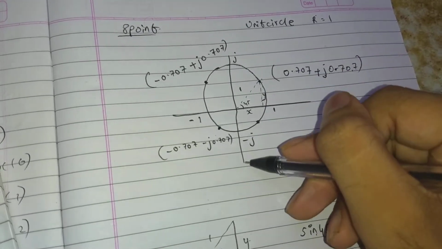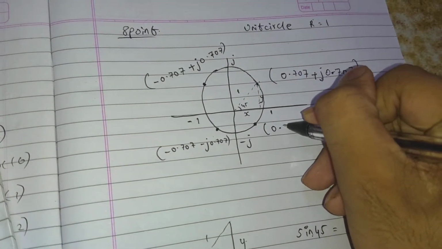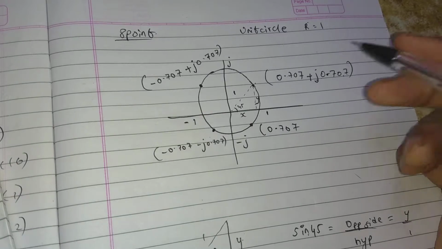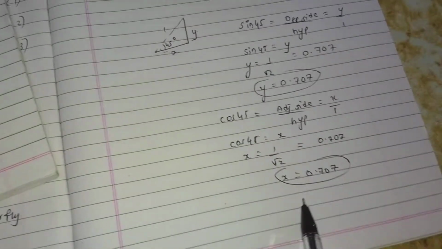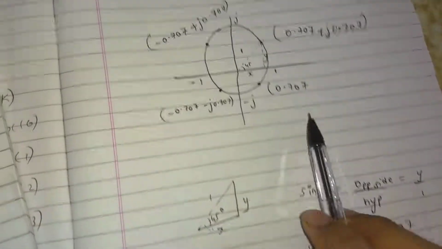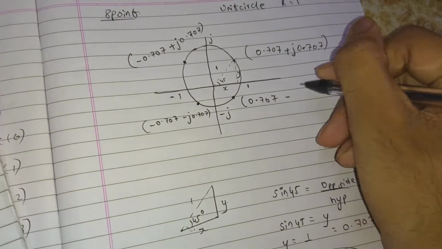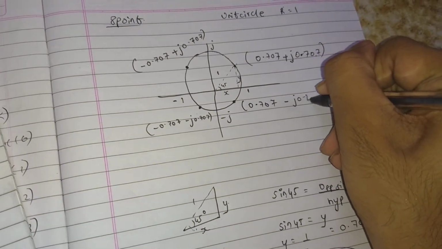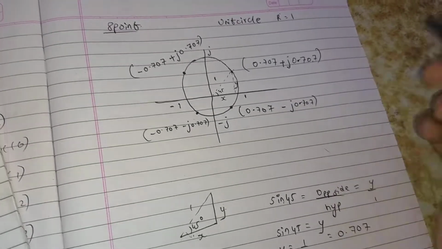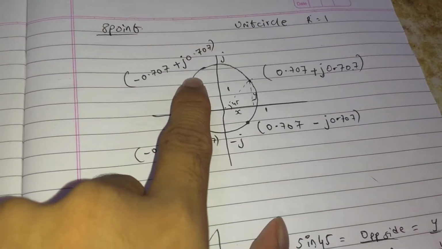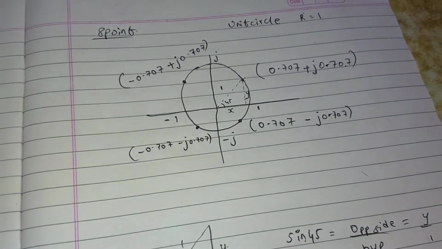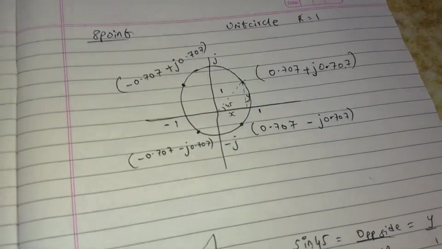It is positive and y is negative. x positive means 0.707 as the value of x, as you can see we have calculated, and y is negative, so minus j 0.707. I just calculated all the 4-point values and we are all set.